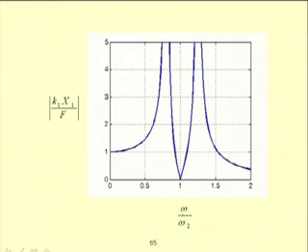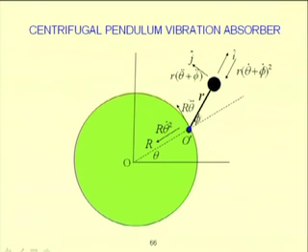When omega equal to omega 2, this becomes 0. One may use this centrifugal type of pendulum vibration observer for observing the vibration at different frequencies. Similarly, one may use a vibration damper to damp out the vibrations of the system.